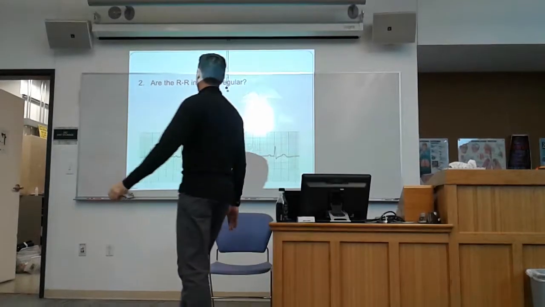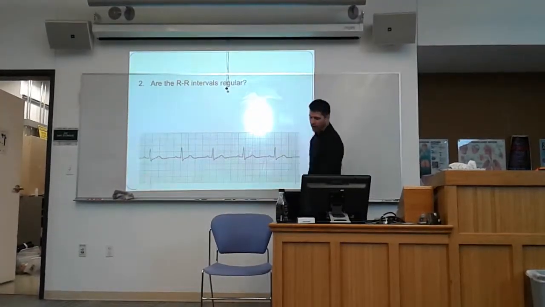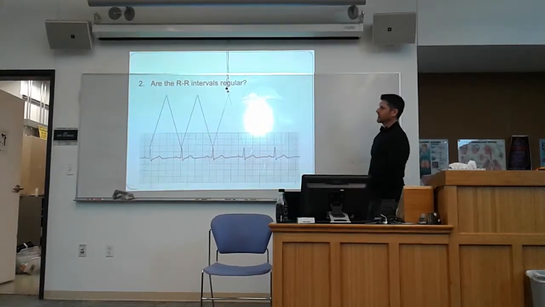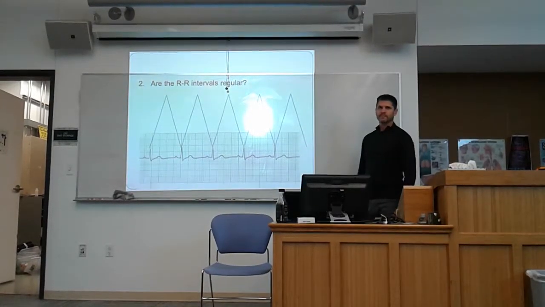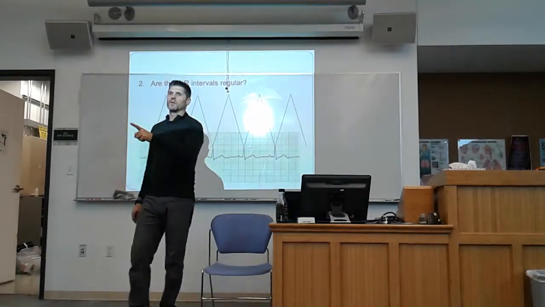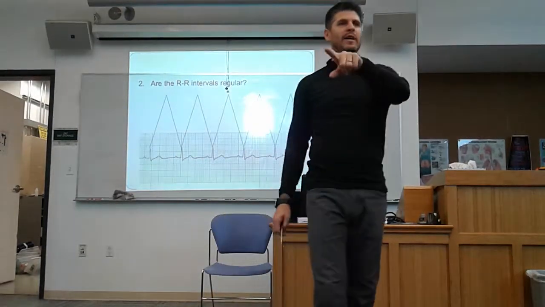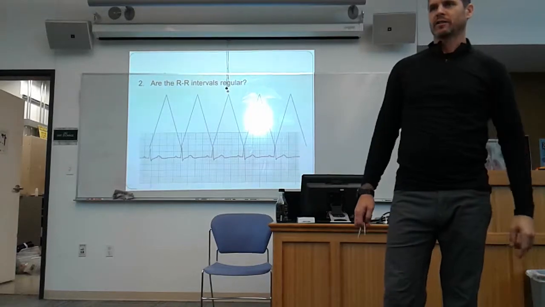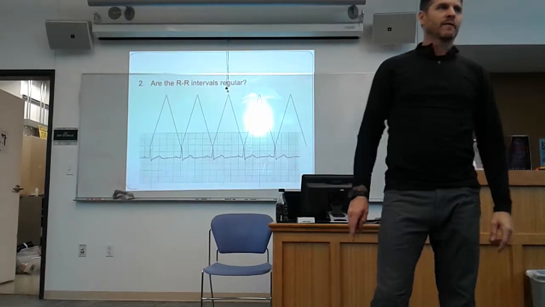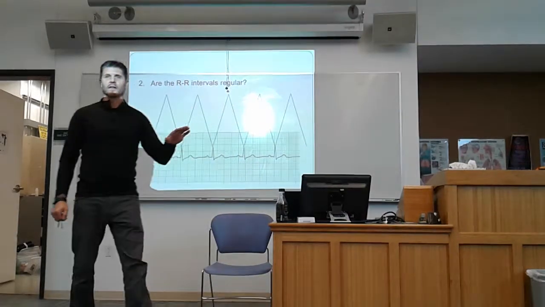So now I'm going to do the same thing. I'm going to lift my calipers from the P to P. I'm going to set them on my R to R, and I should be able to do the exact same thing all the way across. So now I've established two things. I've established whether or not the rhythm is regular, and I've established whether or not my P to Ps and my R to Rs match properly. It's given me a lot of information just off of checking that one thing.